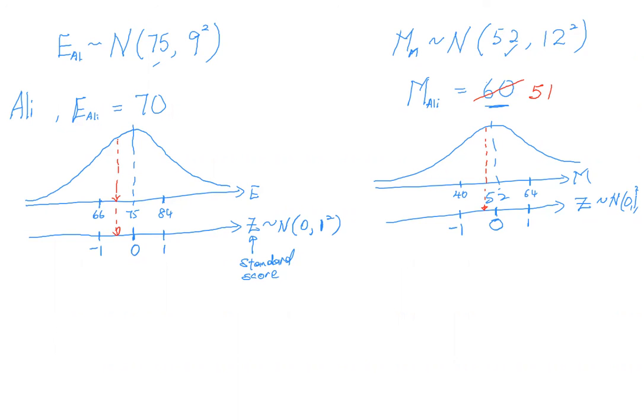Z score of EAL for Ali is less than Z score for math for Ali. So Ali performed better in math or EAL? Math. So how to transfer an X score to a Z score?